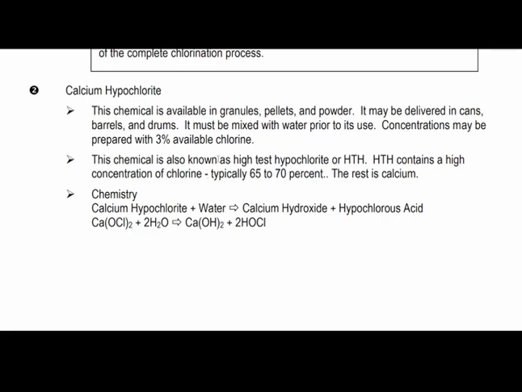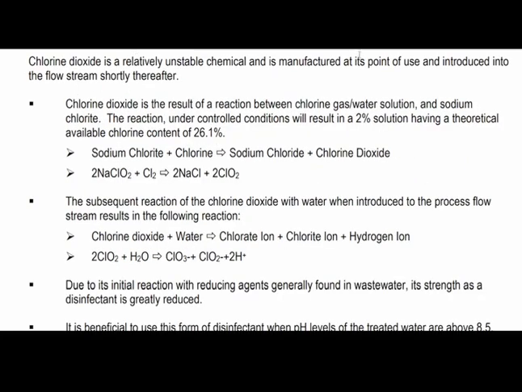This chemical is also known as high-test hypochlorite, so calcium hypochlorite is also known as HTH. HTH contains a high concentration of chlorine, typically 65 to 70%. The rest is calcium. Okay, chlorine dioxide, or ClO2.